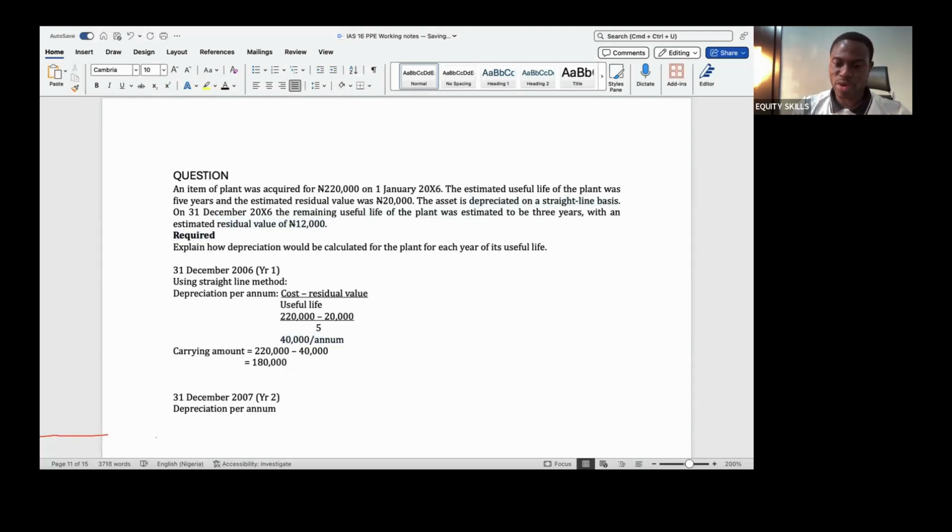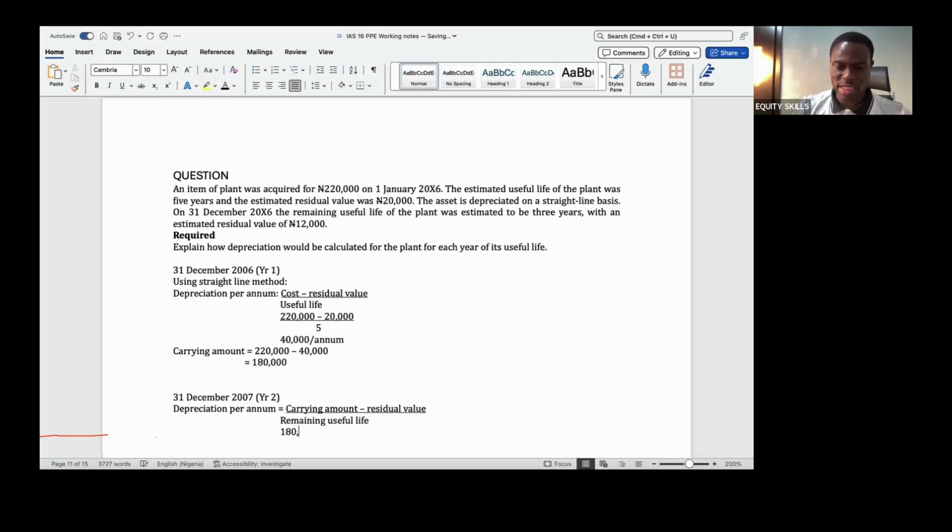My depreciation per annum going forward is the new value of that asset as at that date, which is the carrying amount, minus the residual value, divided by the remaining useful life, because a lot of things have changed.